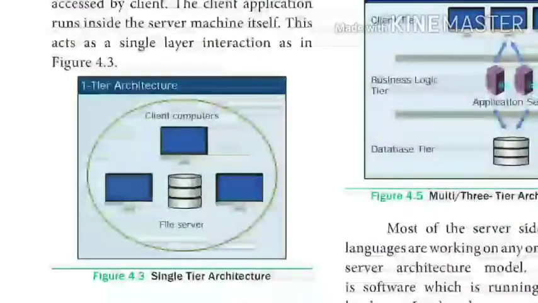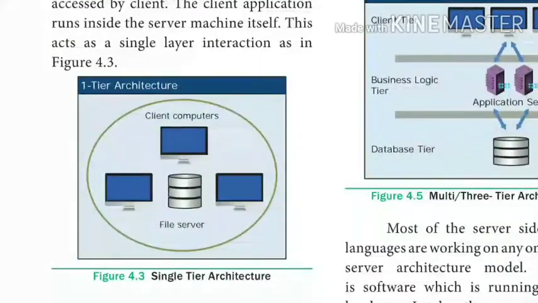The client side script will also run in the server side scripting language. The client acts as a requester. All the actions in single tier are done on the server side. No actions are done in client side scripting language. Now two tier.